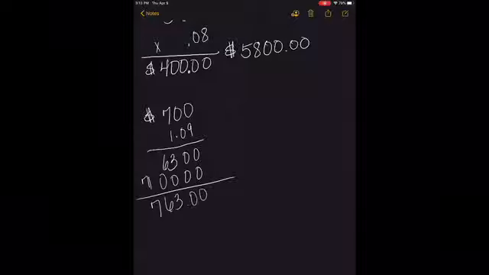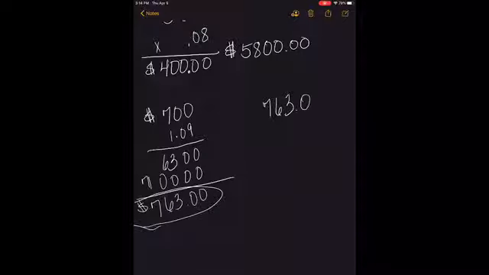So that's $763 at the end of 1 year. So the way compound interest is, now we can use this new balance and we can earn interest on the interest we earned last year. We can earn interest on that in the second year.